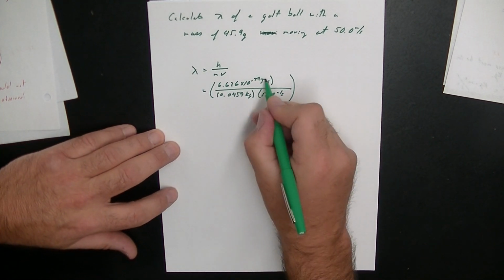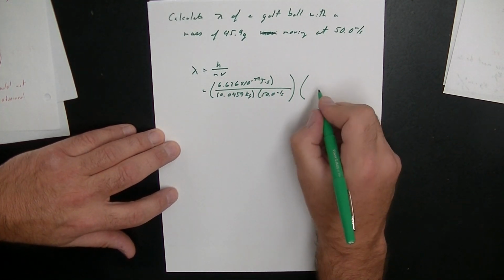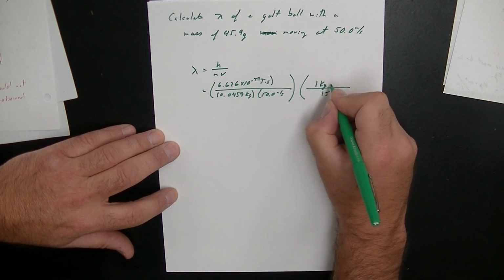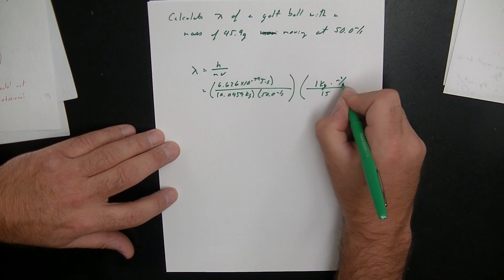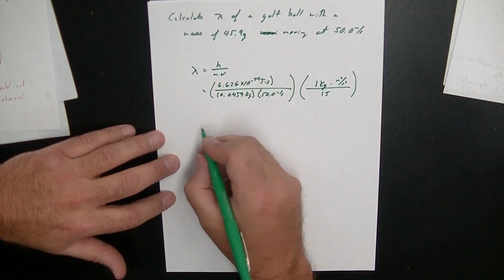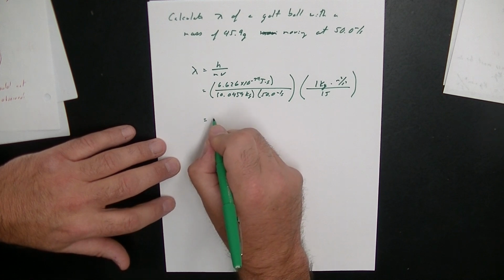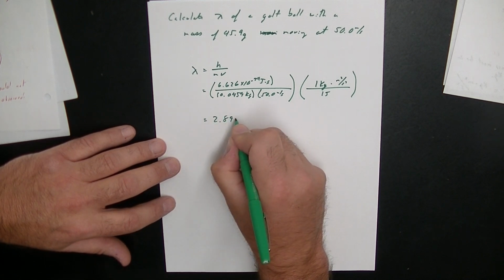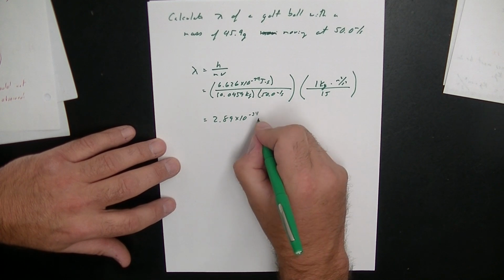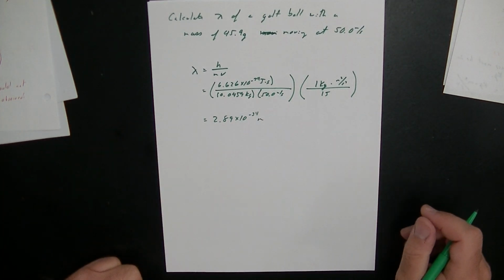And again, we have joules in here, so we do that same conversion: 1 joule is 1 kilogram meter squared per second squared. So the wavelength of that golf ball while it's in flight is 2.89 times 10 to the minus 34th meters.